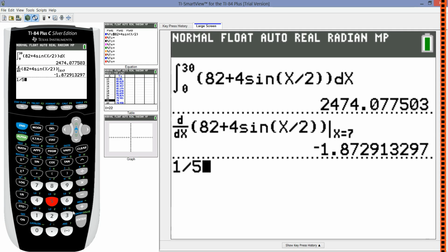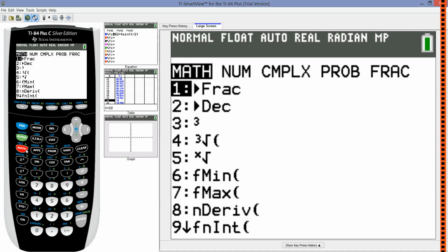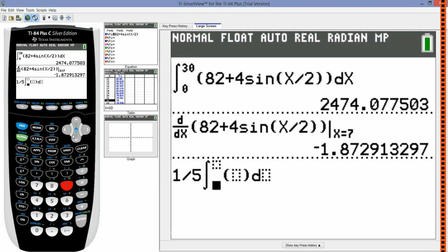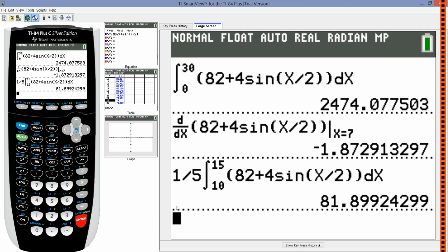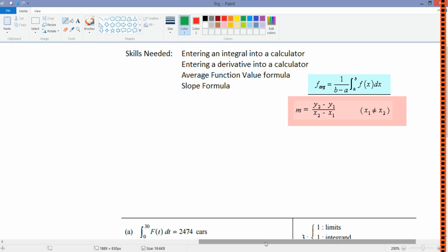So 1 divided by 5, times the integral from 10 to 15 of 82 plus 4 sine of x over 2. Now we get 81.899 as our answer.